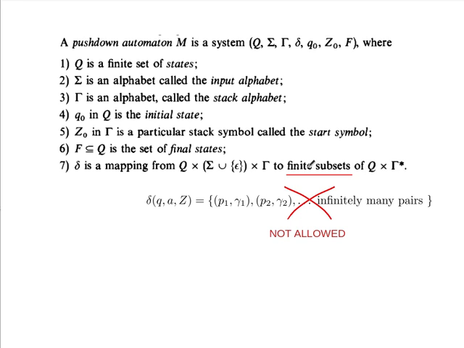For finite automata we didn't have to say this, because this part was only a subset of states, and since we have finitely many states, this part was automatically finite. But here, since we are considering arbitrary strings, even with a finite alphabet you can have arbitrarily many strings, so we need to explicitly mention that you cannot have infinitely many pairs here.